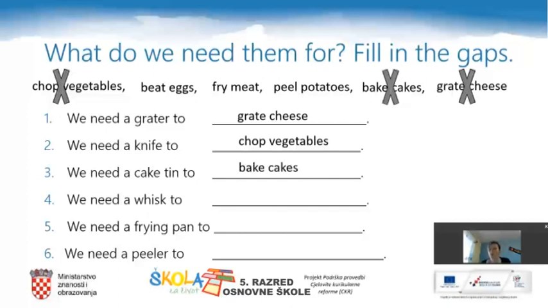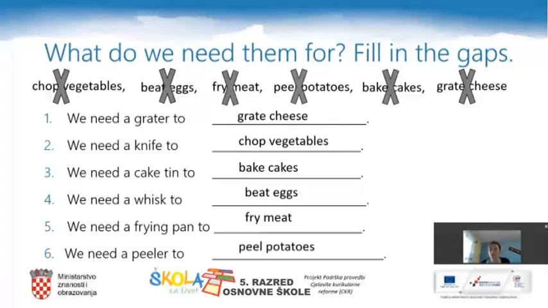To bake cakes. That's it. Number 4, we need a whisk to do what? To beat eggs. Number 5, we need a frying pan to fry meat. And the last one, we need a peeler to peel potatoes.